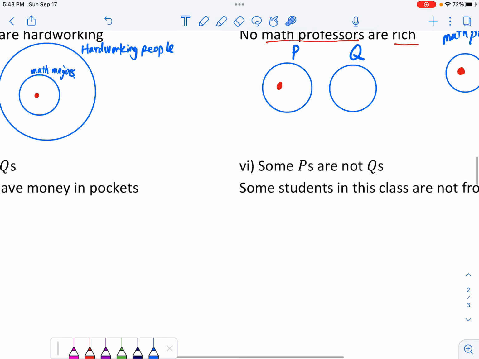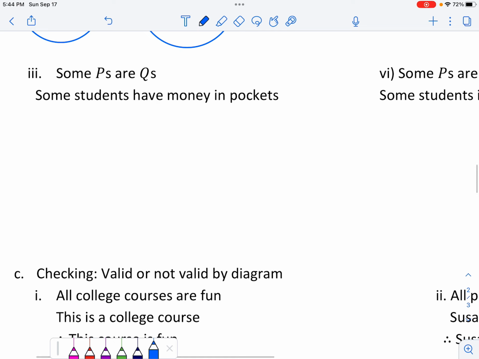The next one is some P's are Q's. This gets a little more interesting. So it says some P's are Q's. Here's one possibility. This is set P and this is set Q. Do you see that I have to put the dots here to represent some P's are Q's?